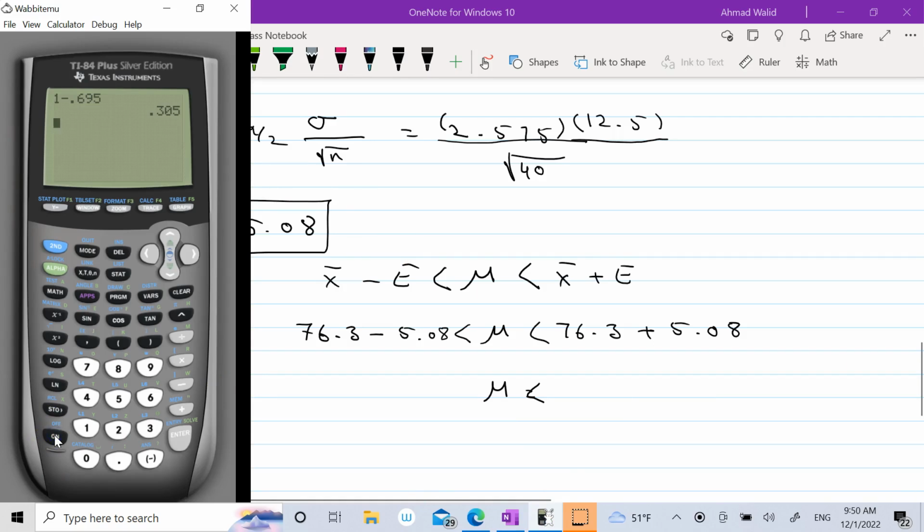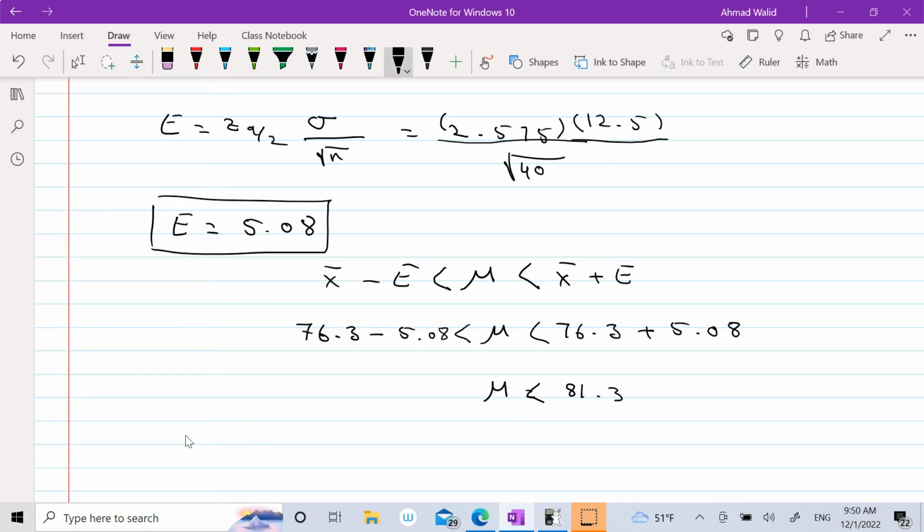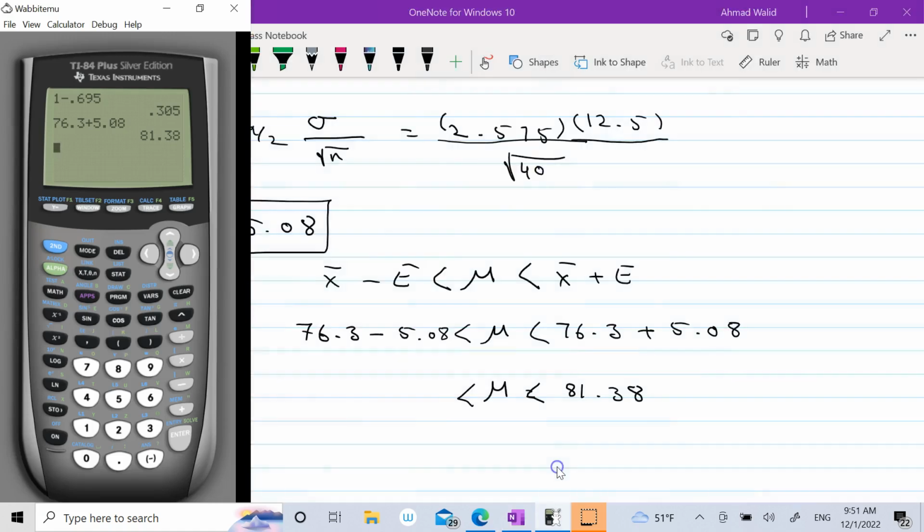I have 76.3 plus 5.08, which gives me 81.38 on this side, and this side will be 73 point something, hopefully. 76.3. What happened? Let's see.